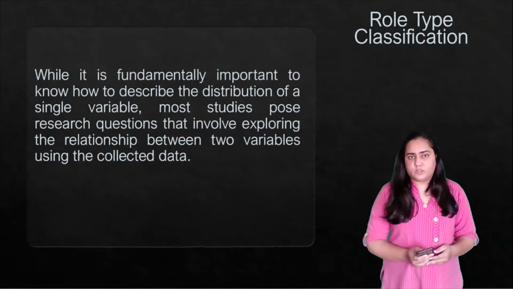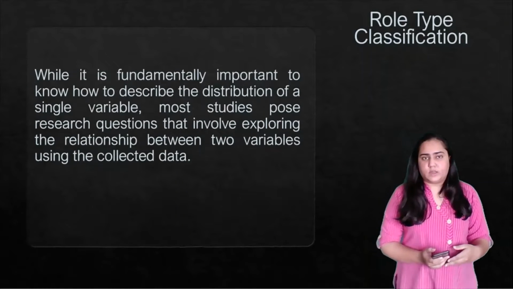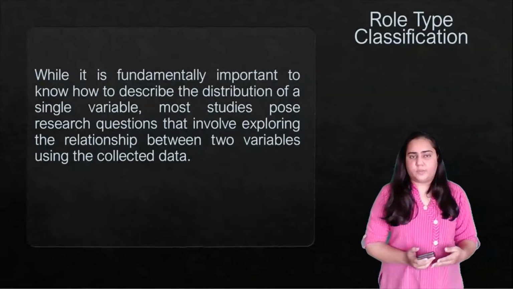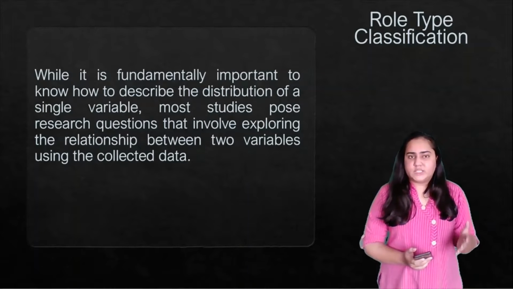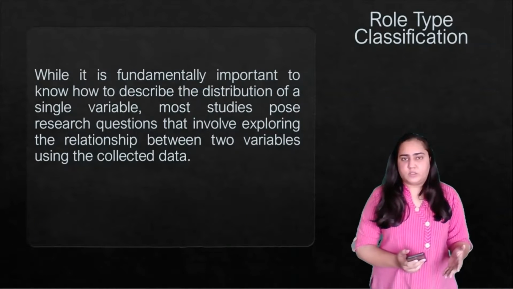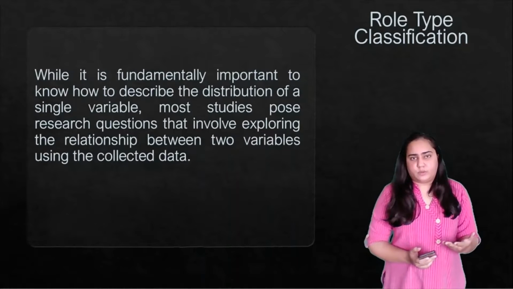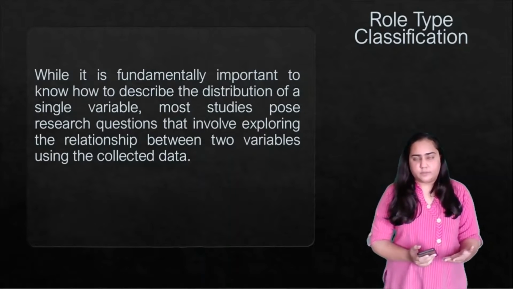Why do we need a role type classification? Because while it is fundamentally important to know how to describe the distribution of a single variable, most studies pose a research question that involves exploring the relationship between two variables using the collected data.